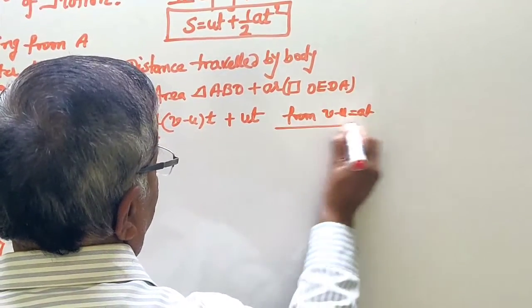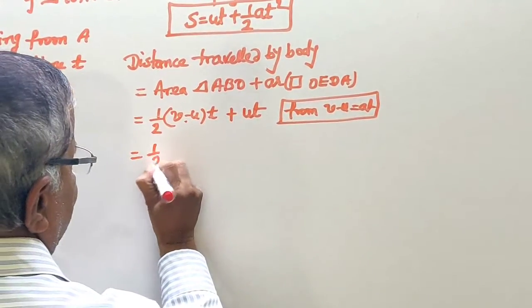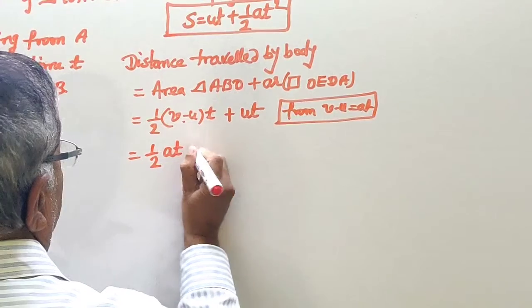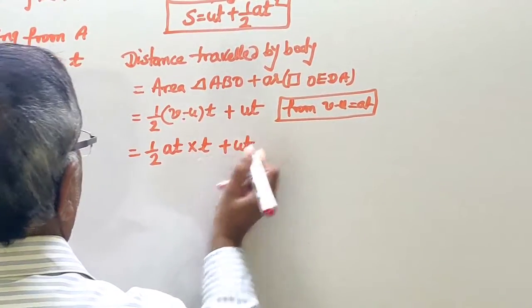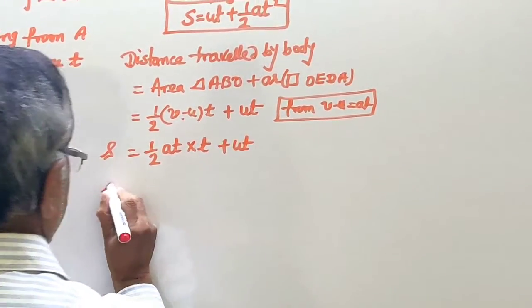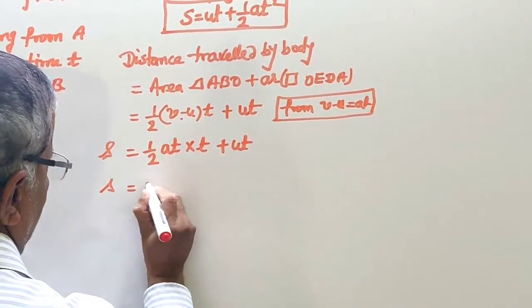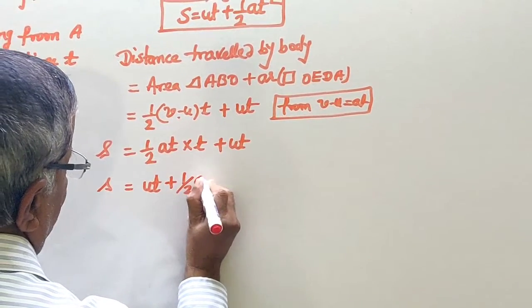I am substituting this value here. So what will come here? Half into at into t, plus ut. Now the distance traveled is denoted by s. So s is equal to ut plus half at square.